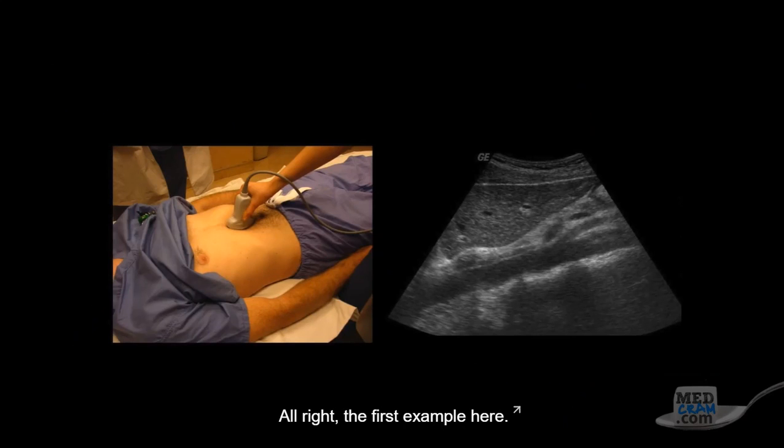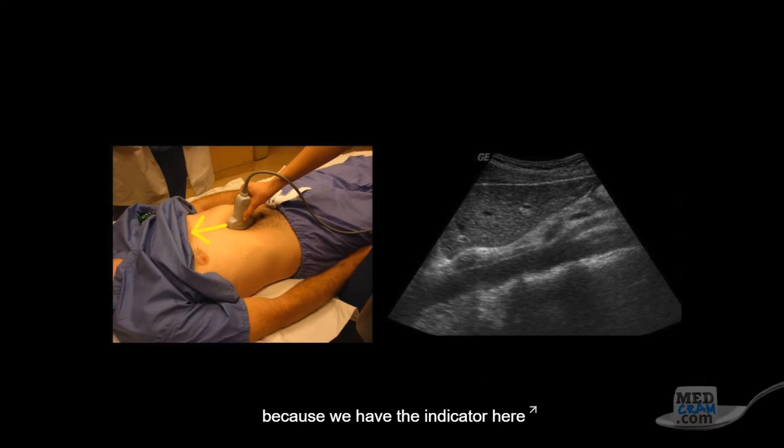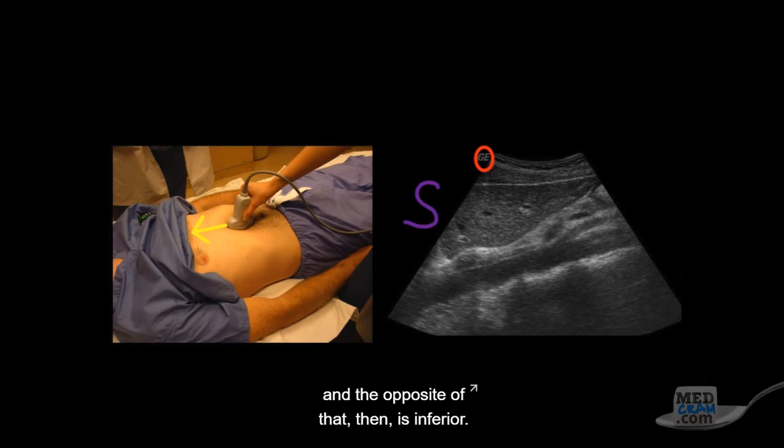All right, the first example here, we have our patient on the left, and we see that our indicator is pointing up towards the patient's head, or superiorly. So that means that the left side of this screen, because we have the indicator here on the left side, is going to be superior, and the opposite of that then is inferior.